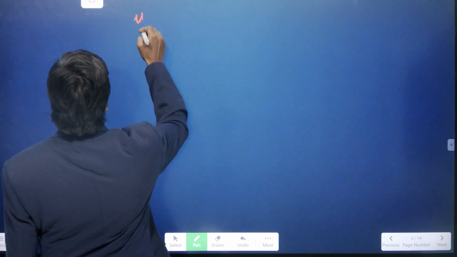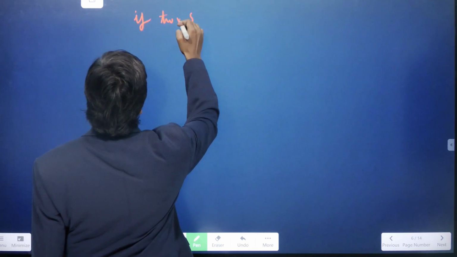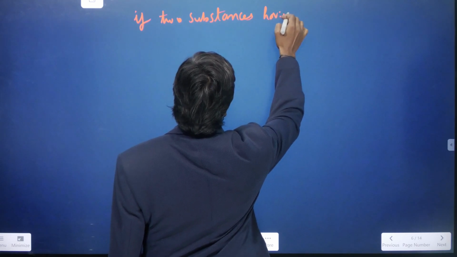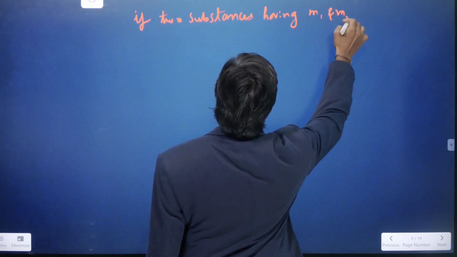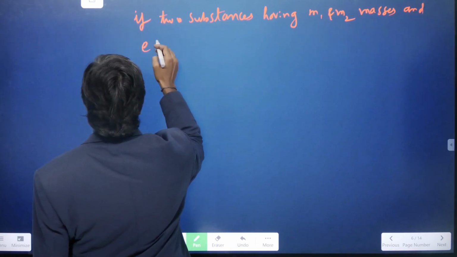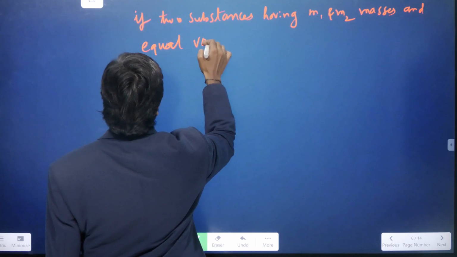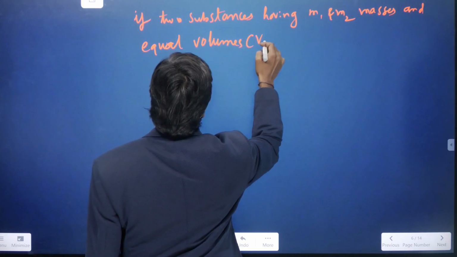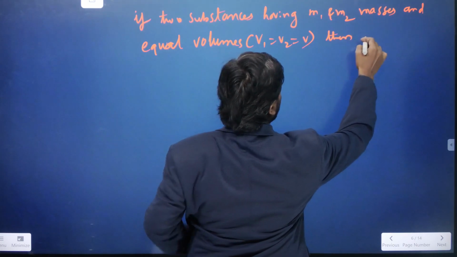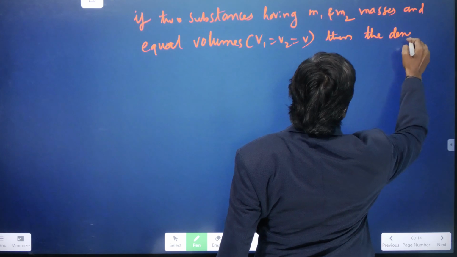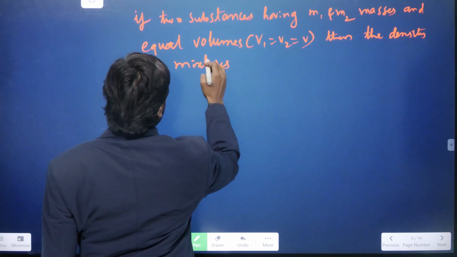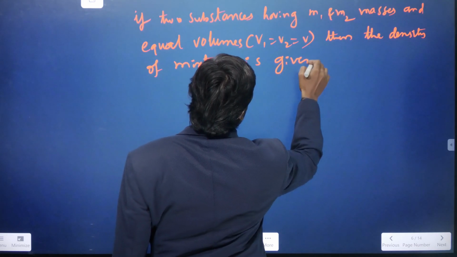Now, if two substances having masses M1 and M2 and equal volumes, that means V1 equals V2, which equals V, then the density of the mixture is given by this.